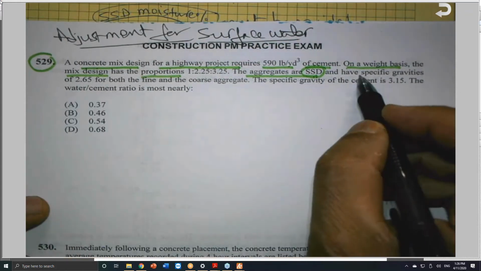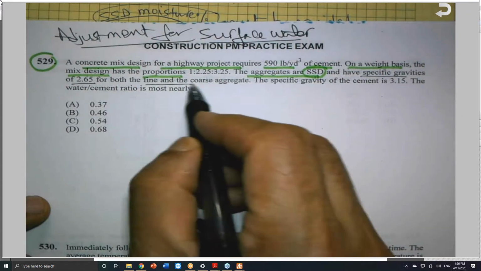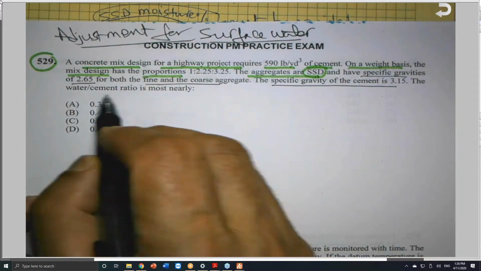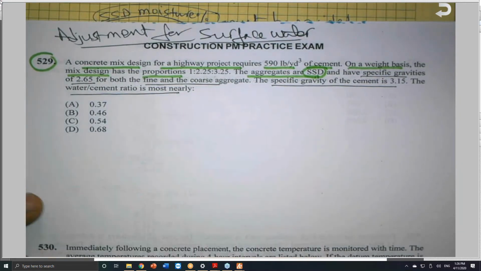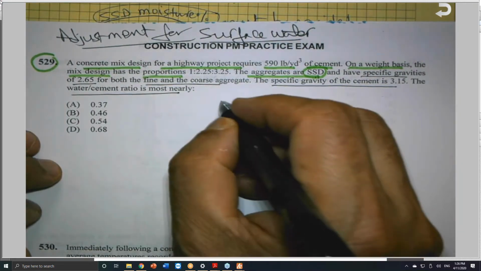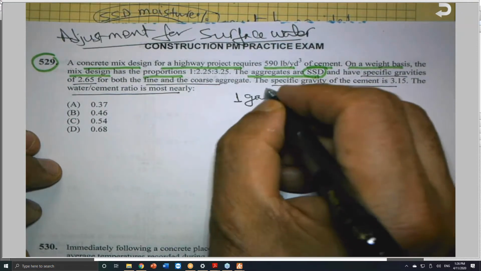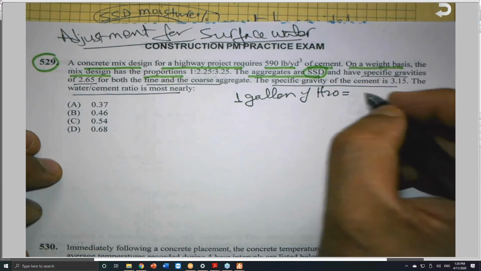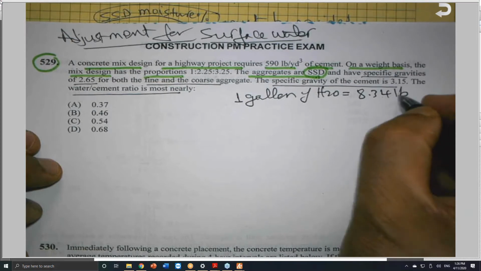He said that the specific gravity for both of them, coarse and fine, is 2.65, and the specific gravity for cement is 3.15. The water cement ratio is most nearly. Do you remember this morning I was talking about that 1 gallon of water is equal to how many pounds? 8.34 pounds.